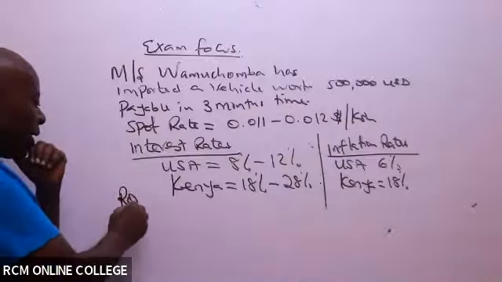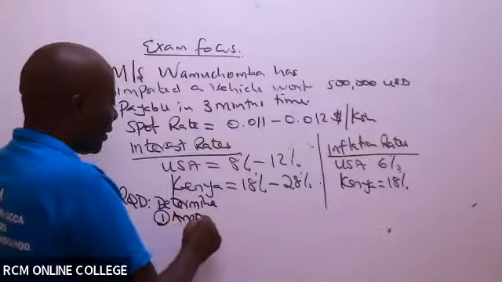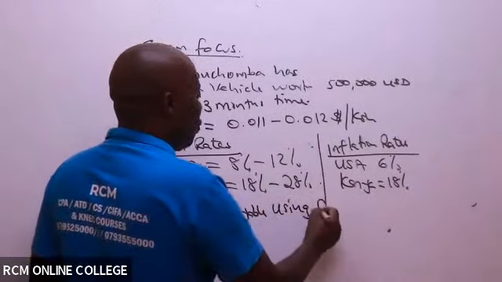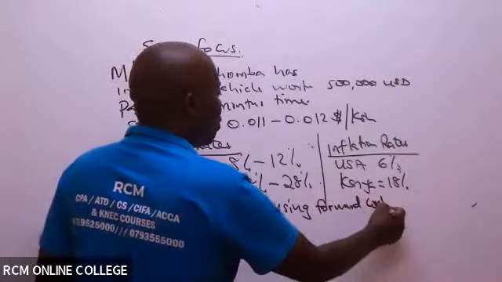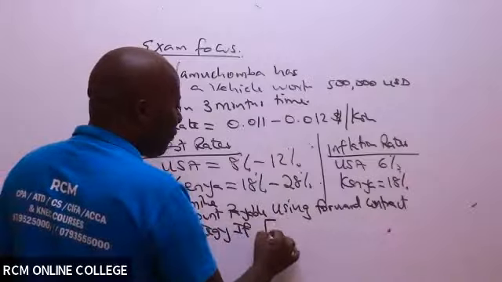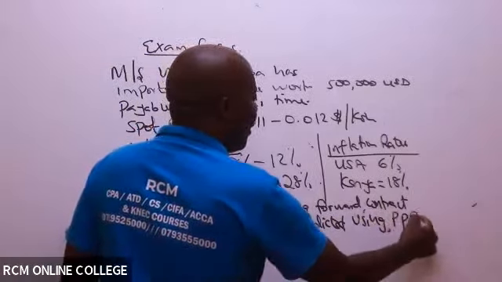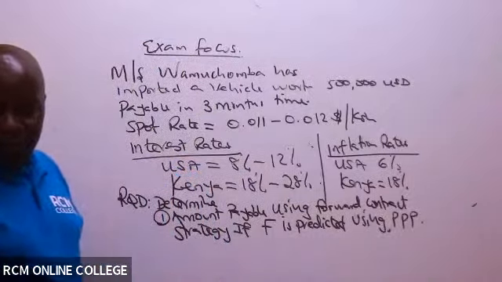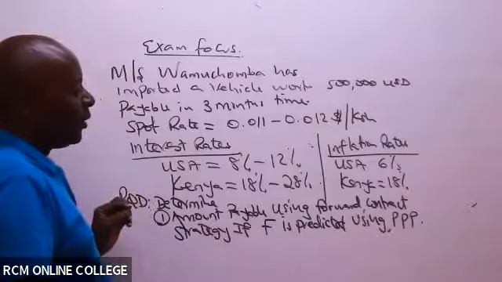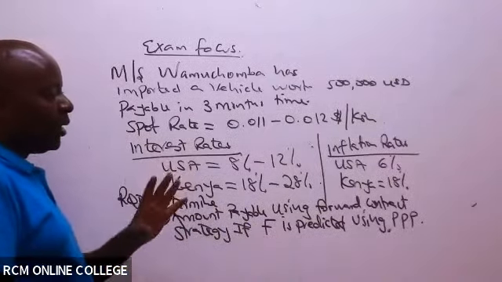We are required to determine, number one, the amount payable by Wamuchomba using forward contract strategy if F is predicted using PPP.